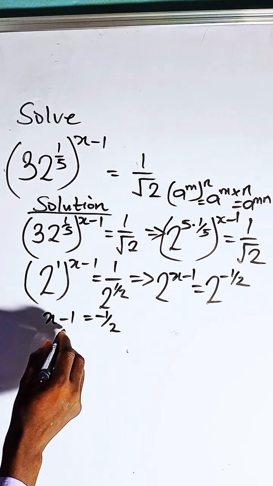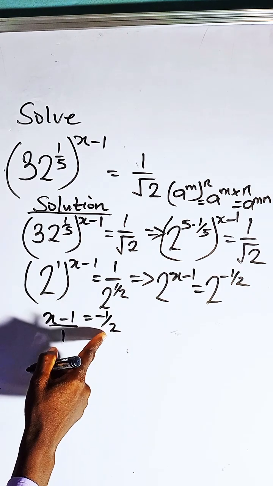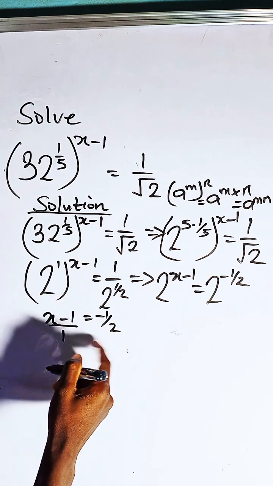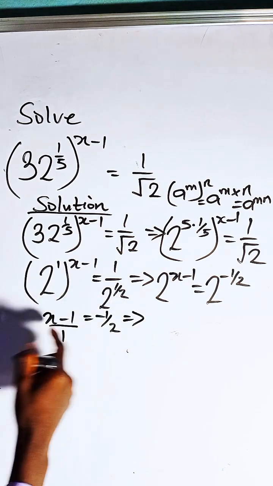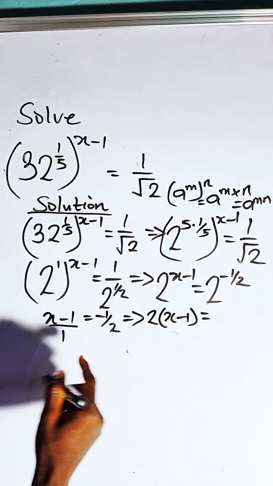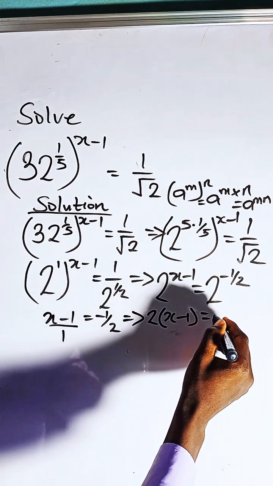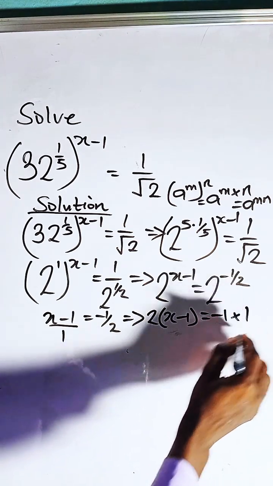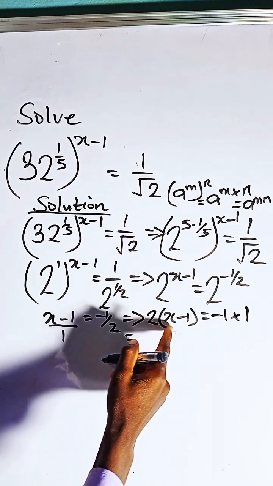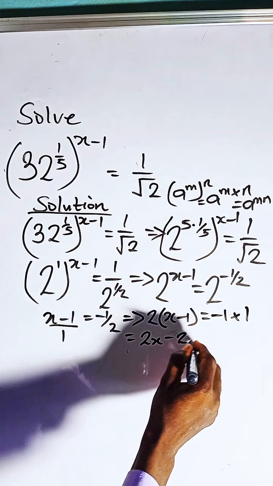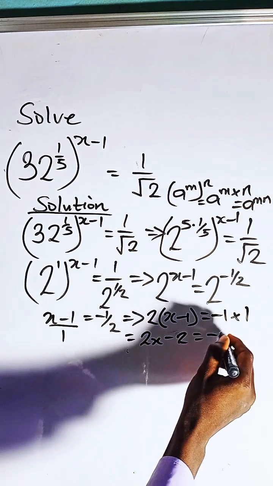From here we can now cross multiply. So we have 2 times x minus 1 equals 1 times minus 1. Here we have 2 times x to be 2x, minus 2 times 1 to be 2, equals minus 1.